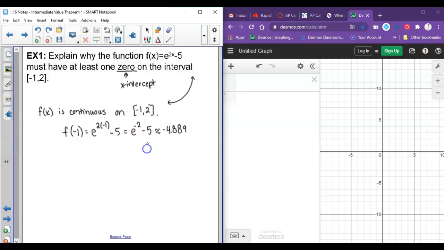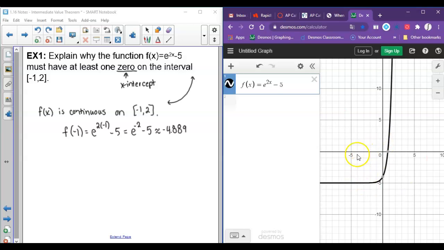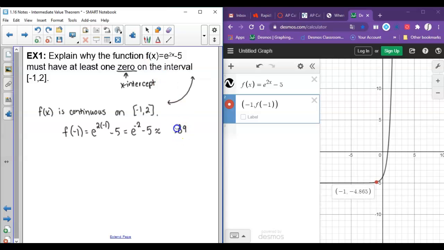Alright, I've got Desmos up here. So if I go over here and type in our equation, f of x equals e to the 2x minus 5, you can see that I've got this graph here, and Desmos will do this really neat thing where if I type f of -1, it will graph that point for me right there, so I can see that I get -4.865 as my decimal approximation for that.